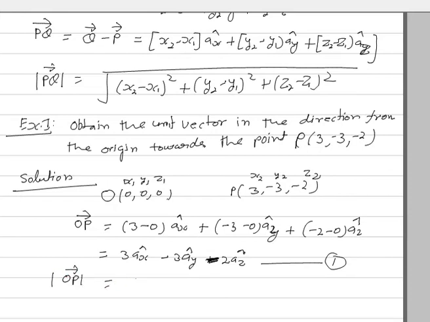Magnitude is under root 3 square plus 3 square plus 2 square. Now the result of this is 4.6904.